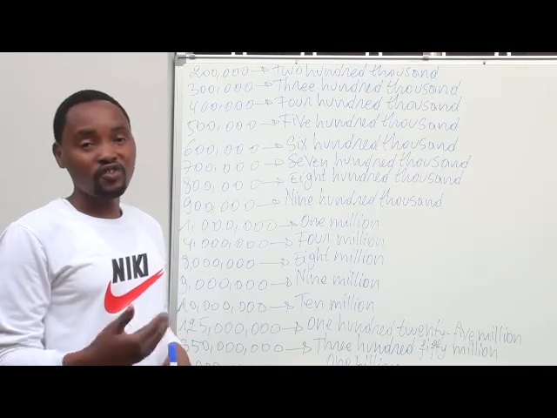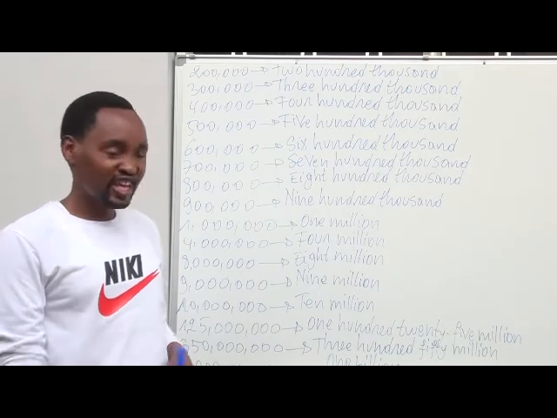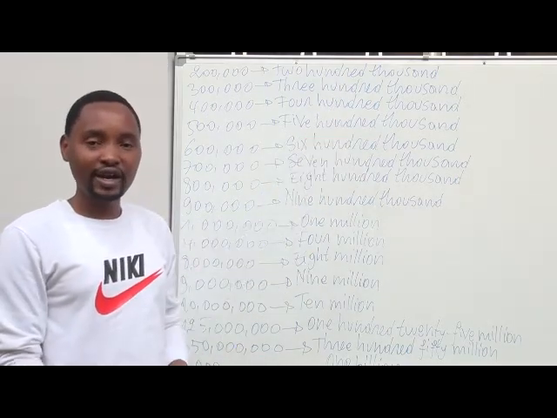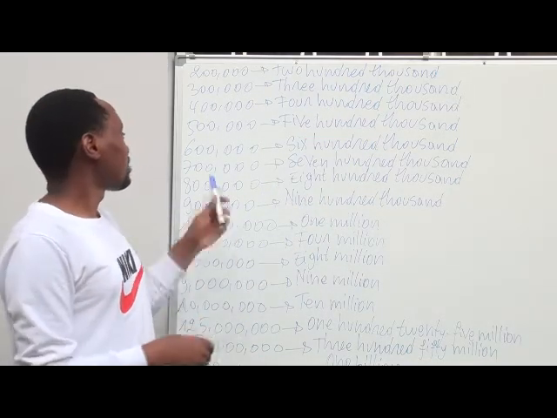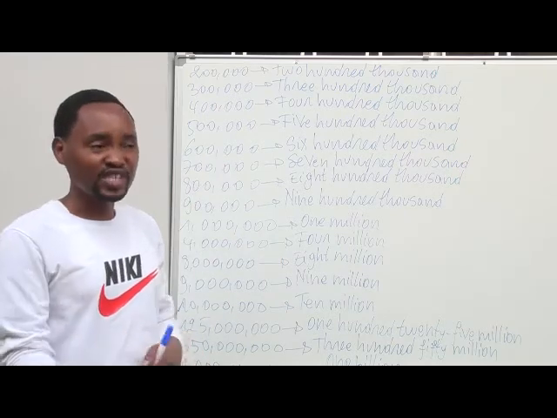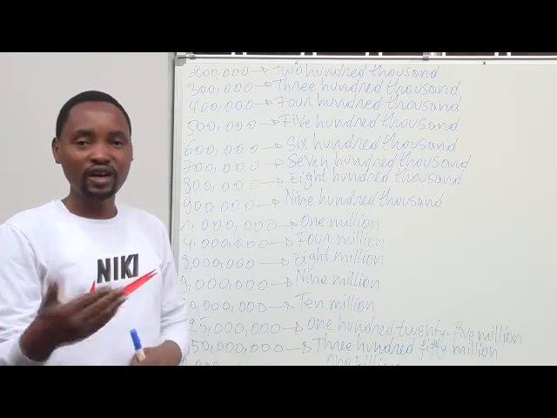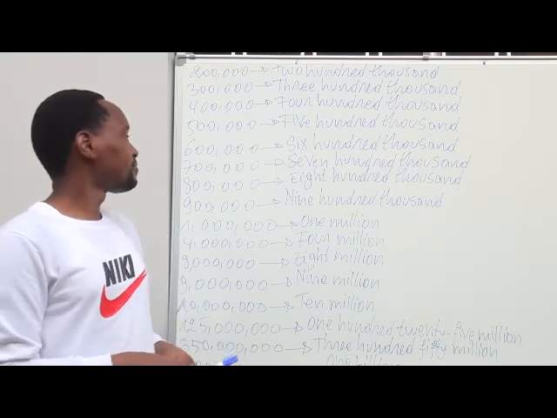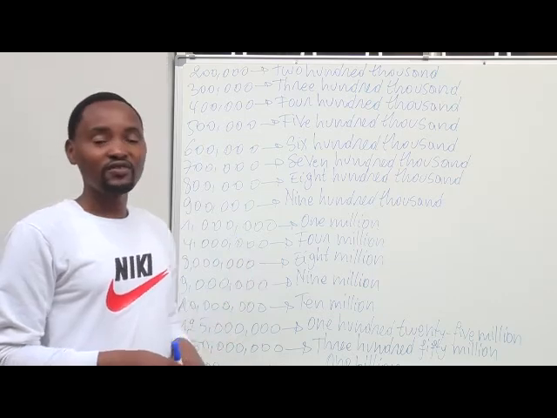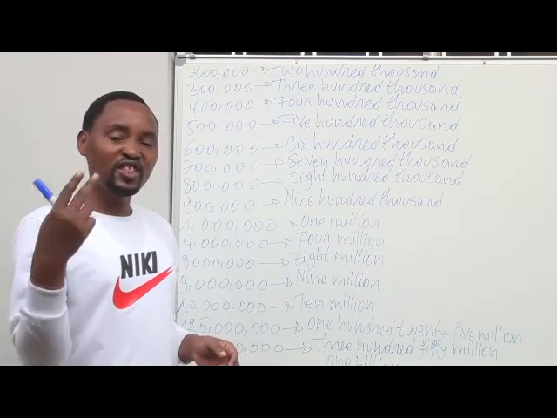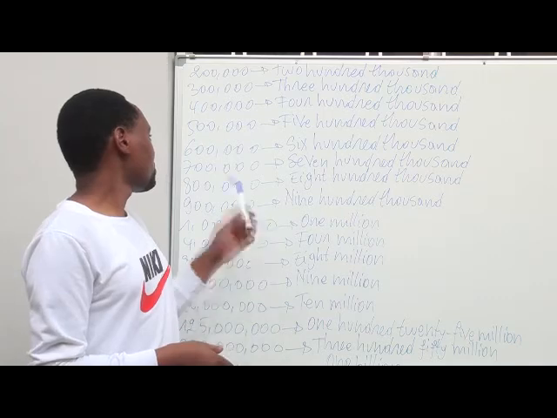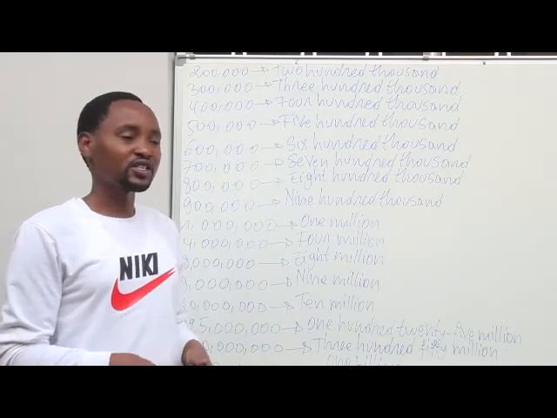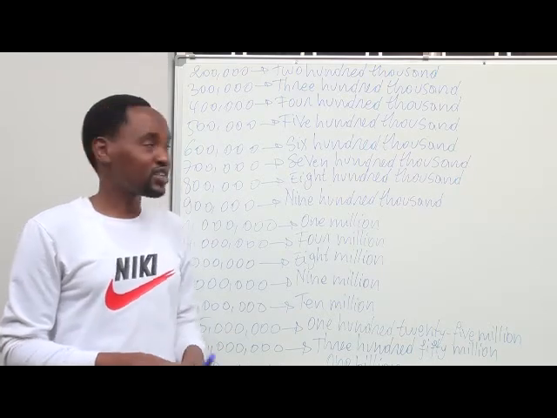Here we will say 400,000. Here it's 5, 0, 0 and 3 zeros, so we'll say 500,000. Here we have 6, 2 zeros, 3 zeros. It's going to be 600,000.